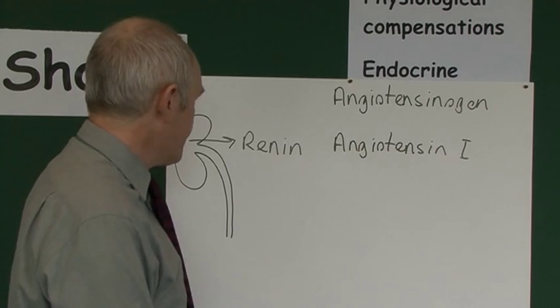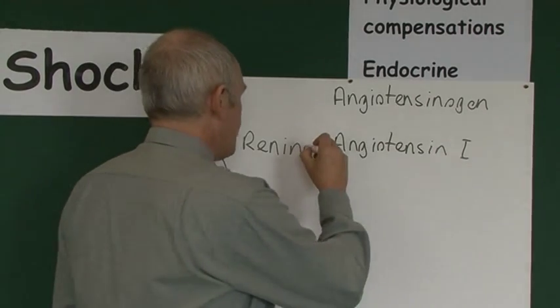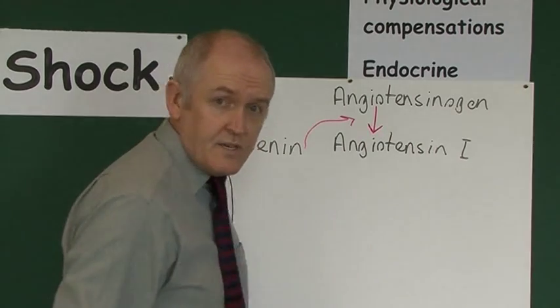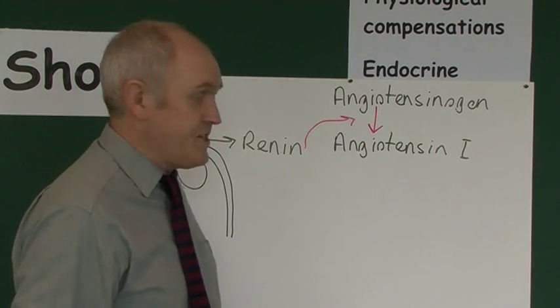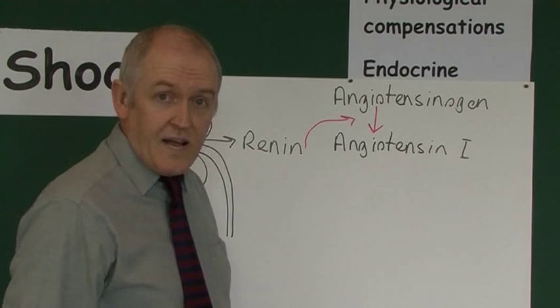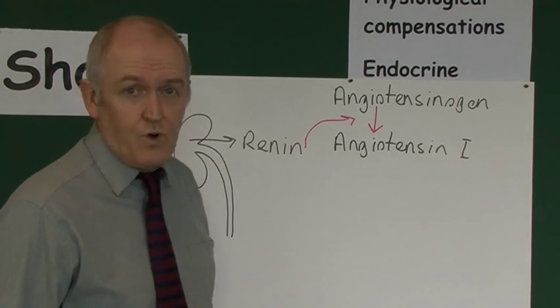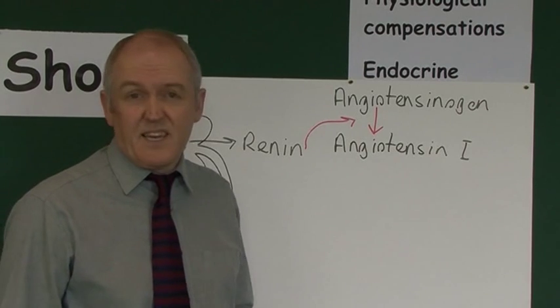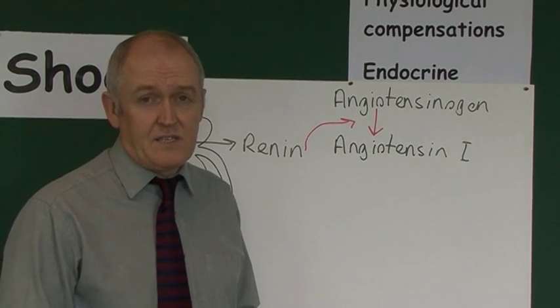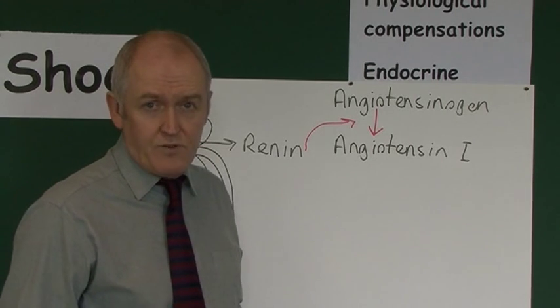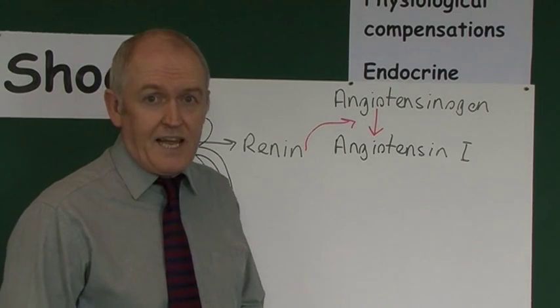So renin has the effect of facilitating the conversion of inactive angiotensinogen into angiotensin type 1. And angiotensin type 1 is a fairly short protein, it only contains 10 amino acids. But angiotensin type 1, despite being a small protein, is physiologically active.